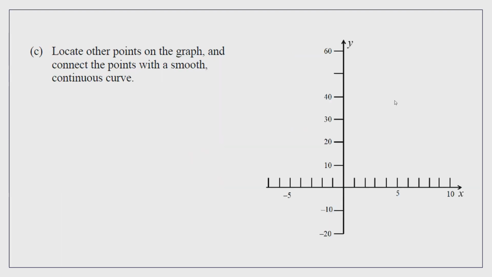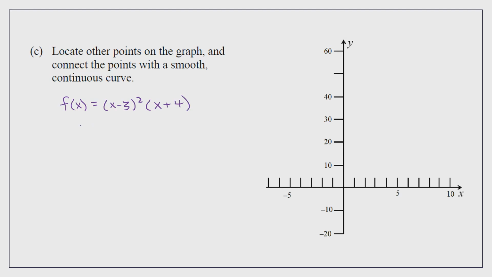So now we are going to locate other points on the graph and connect the points with a smooth continuous curve. What we're going to do is first write out our functions so that we can use them to help us. It's x minus 3 squared times x plus 4.